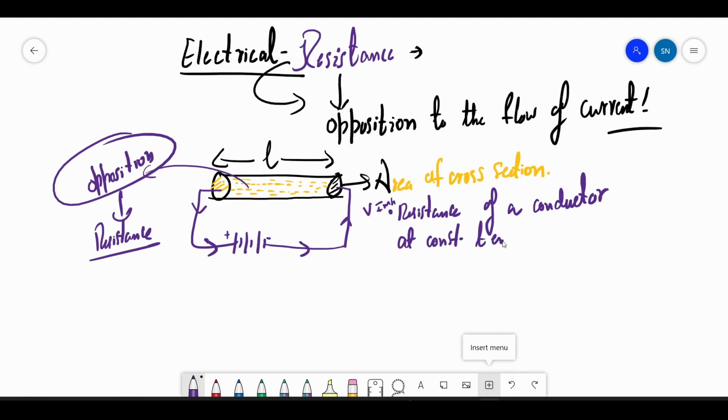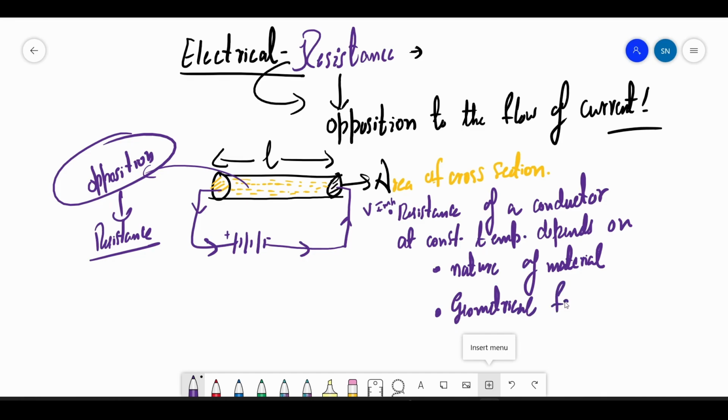So resistance of a conductor at constant temperature only depends on two things. Number one is nature of material, and number two is the geometrical factors.